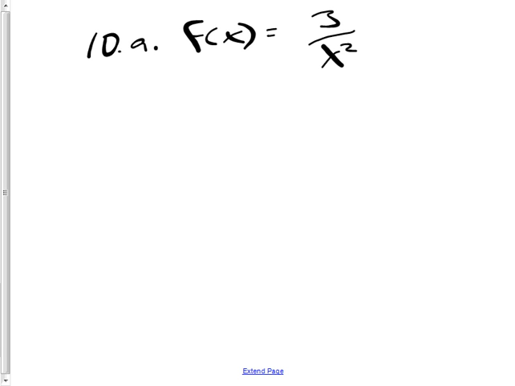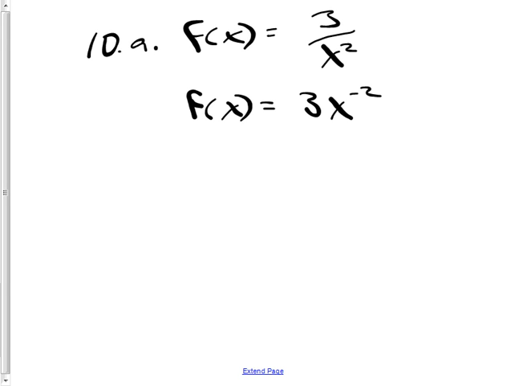If it is a power function, state the power and the constant. All right. My advice to you has always been, don't leave them like that. Write them like this. Now you should be able to tell me, is it a power function? Yeah. What is the power? -2. And what is the constant? 3. There we go. So rewrite them first.